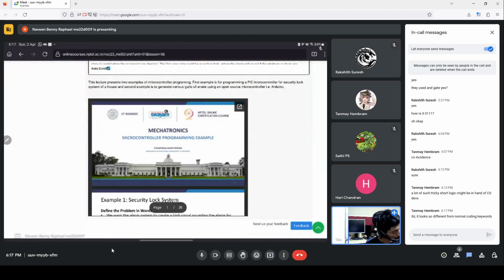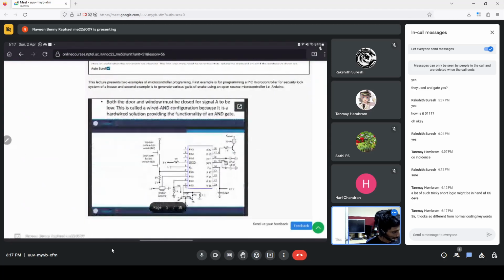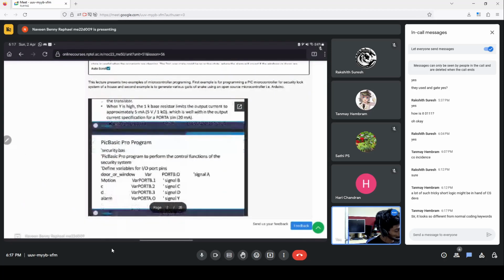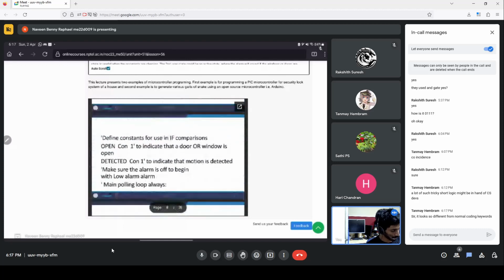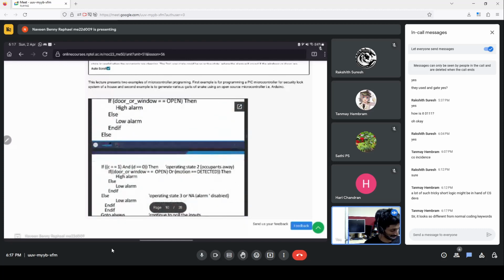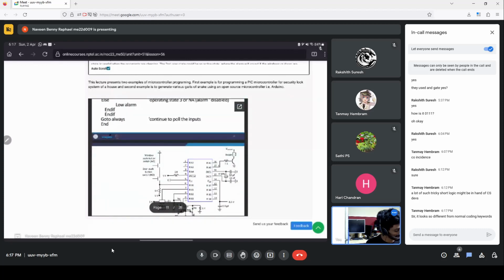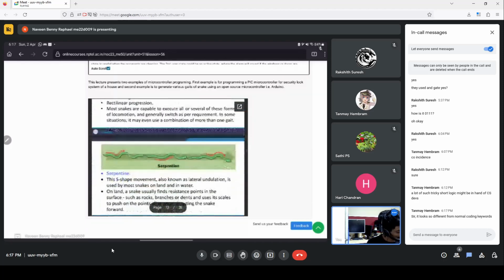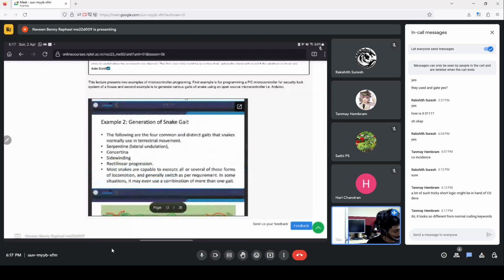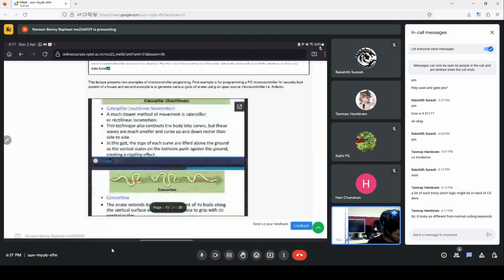Sir initially starts with PIC. I am not entirely familiar with PIC, so I didn't want to make a fool of myself by explaining that. But for the snake game one, he used Arduino.